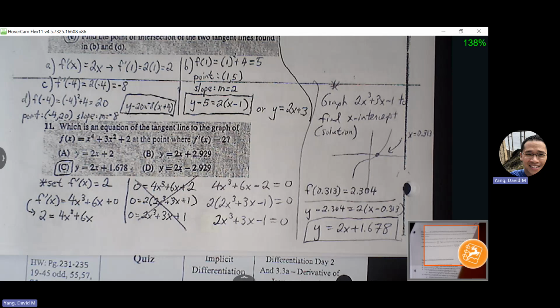Okay, so let me walk through number 11 here. It says, which is the equation of the tangent line to the graph of this polynomial curve at the point where f prime is equal to 2.